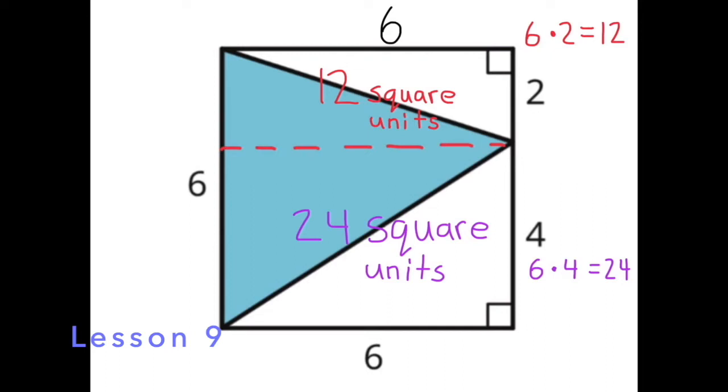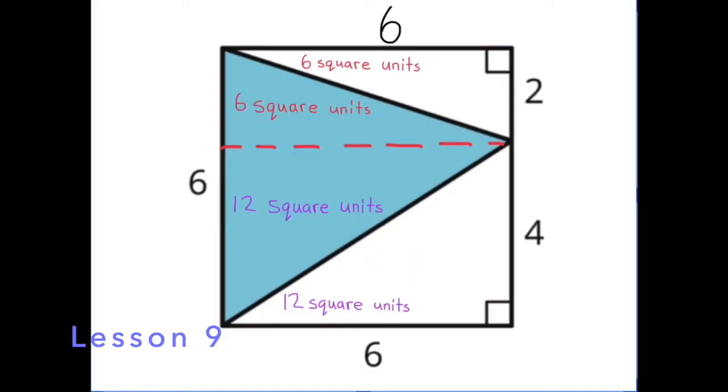Each of the rectangles consists of 2 triangles, and the area of each of those triangles would be exactly half of the area of the rectangle. The areas of the triangles in the top rectangle are 6 square units each, and the areas of the triangles in the bottom rectangle are 12 square units each.